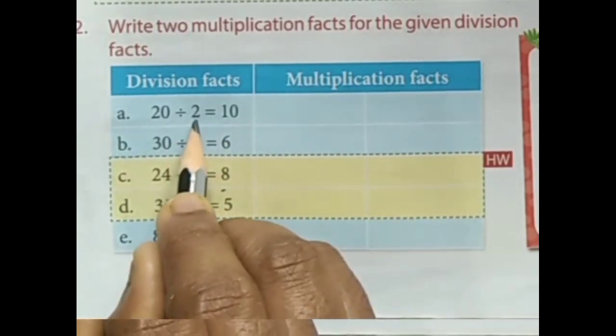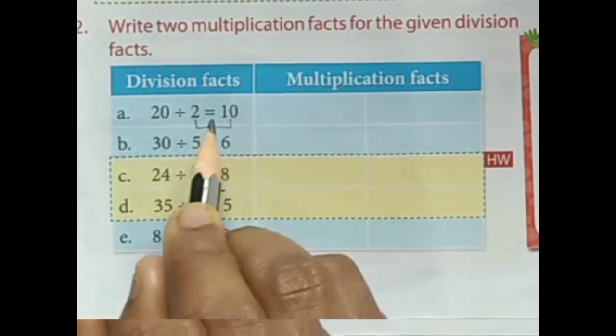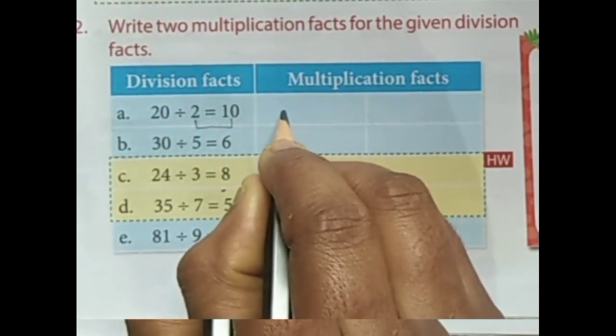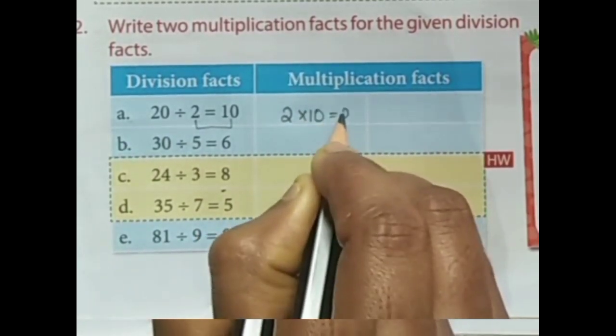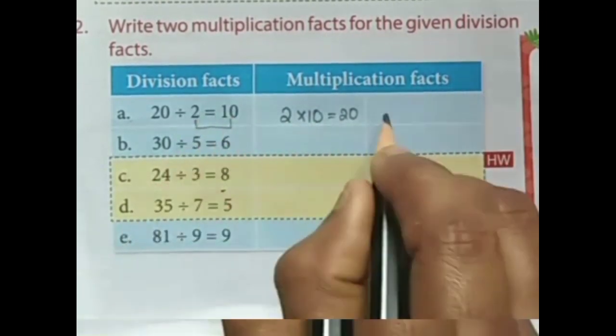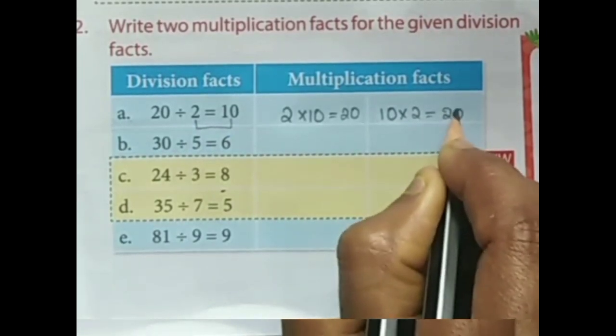So the two multiplication facts are, yes, 2 into 10 equal to 20 and 10 into 2 equal to 20. If we multiply 2 with 10, we get the answer 20. And if we multiply the number 10 with 2, we get the answer 20.